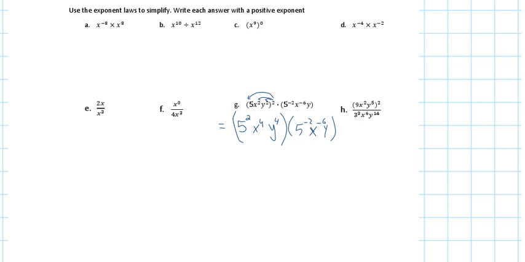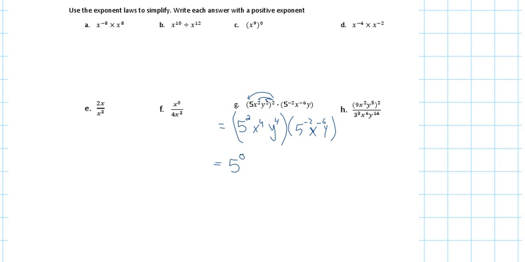What do I do with the exponents of the same base? Add them. So 5 to the power of 2 and 5 to the power of negative 2, I add their exponents. What's 2 minus 2? So that's 5 to the power of 0, right? Because 2 plus negative 2 is 0.